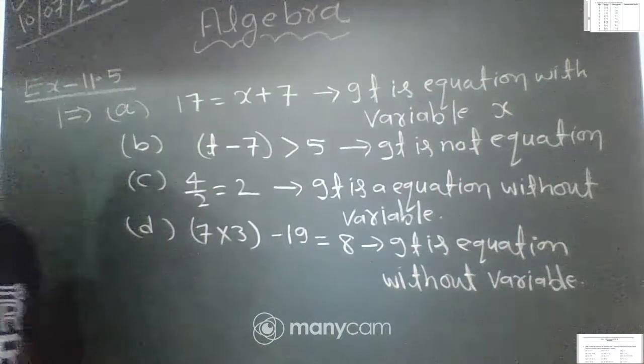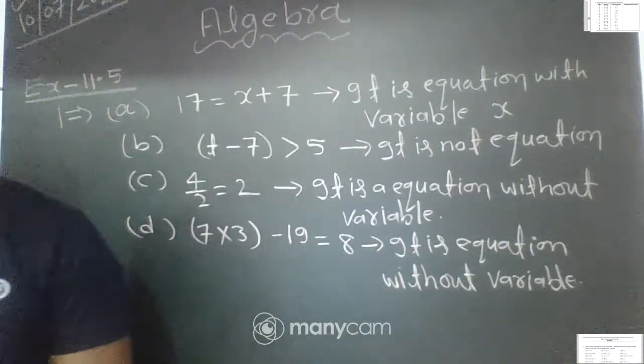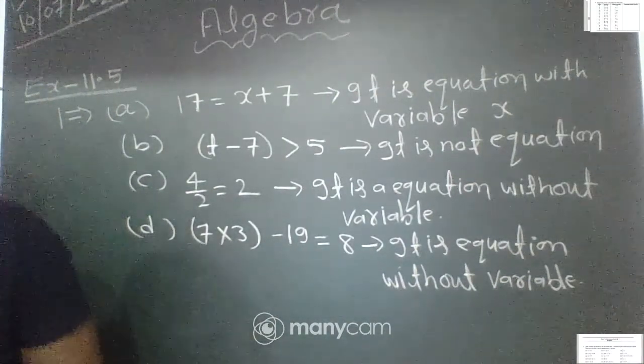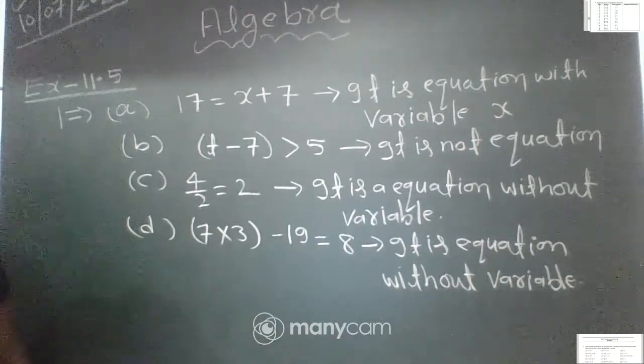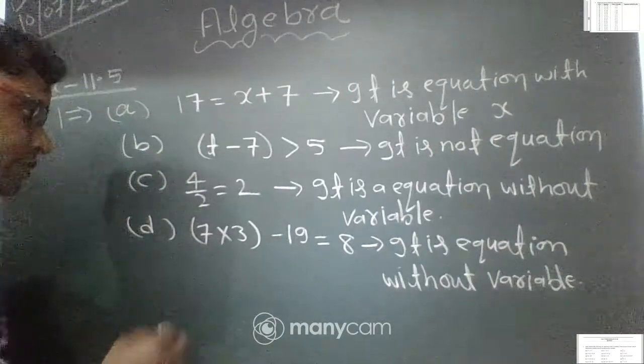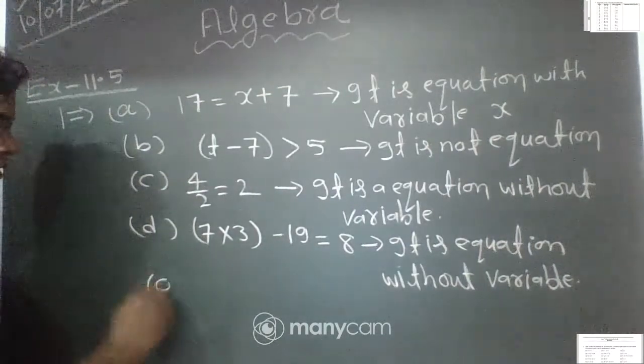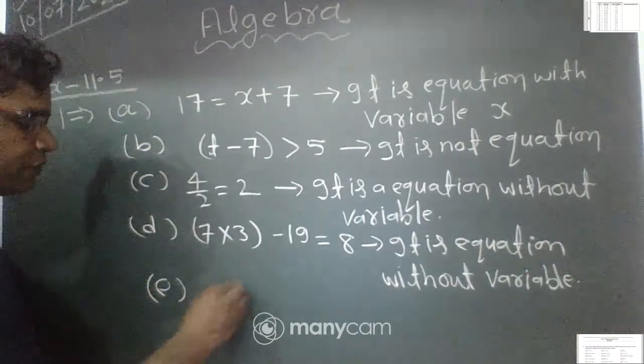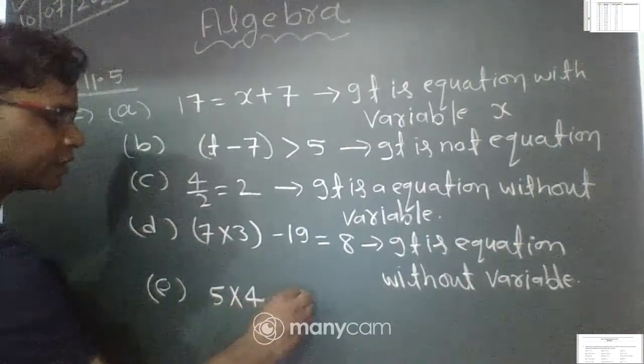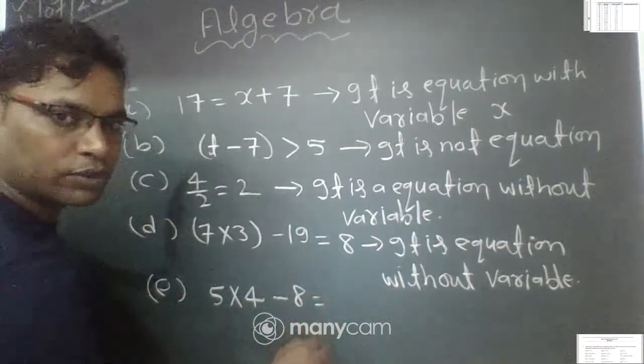Okay, and student, E part. E part is 5 into 4 minus 8 is equal to 2x.